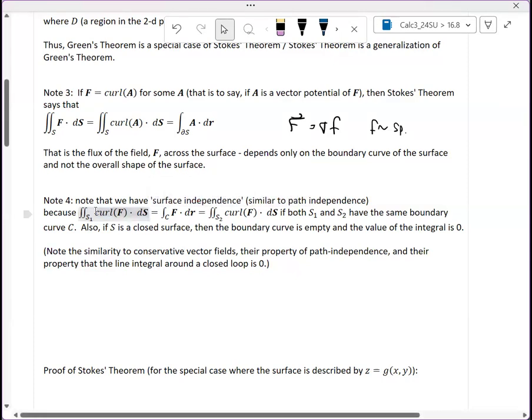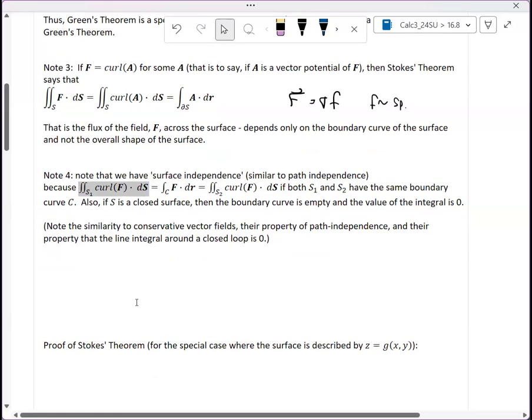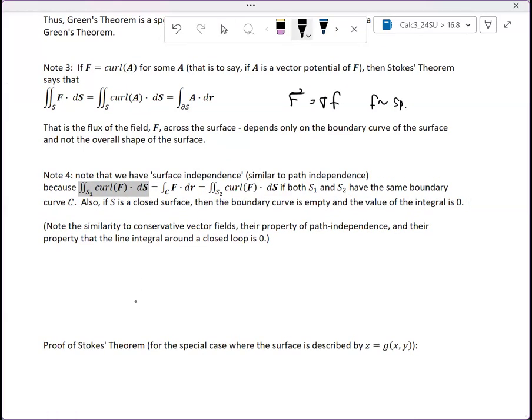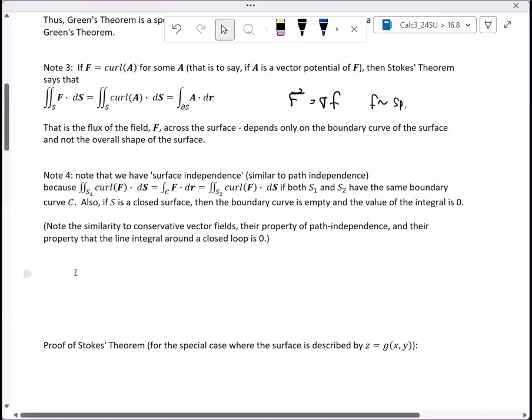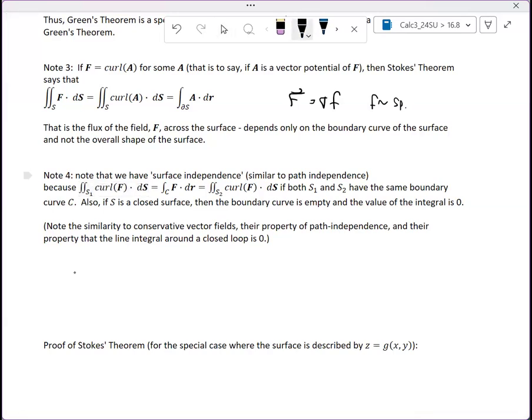It is important that we're taking the surface integral of the curl. So what is the curl? It's related to rotation. And I'm going to try to give a bit of a gut feeling explanation for why this is maybe a sensible thing. Again, not a proof, but hopefully something that will help make a little bit of sense.